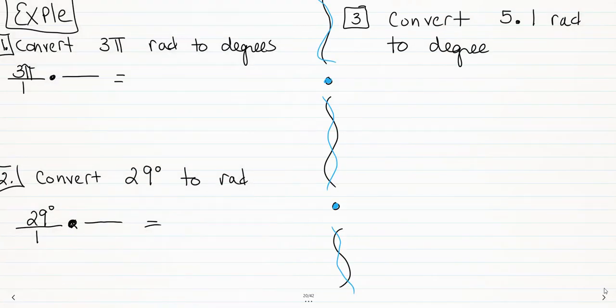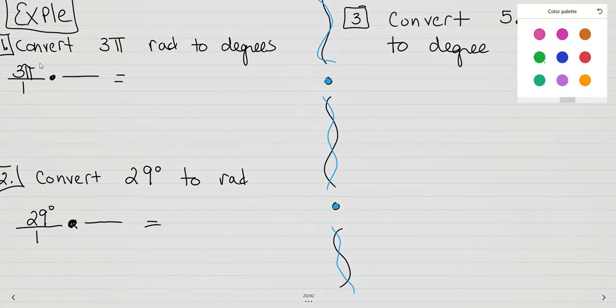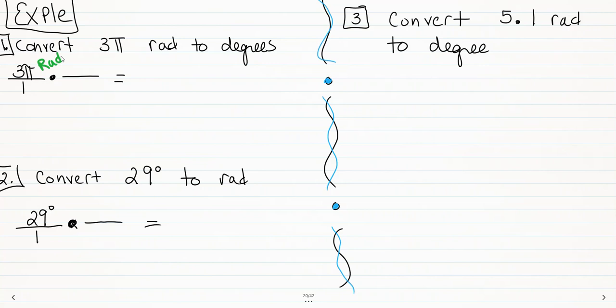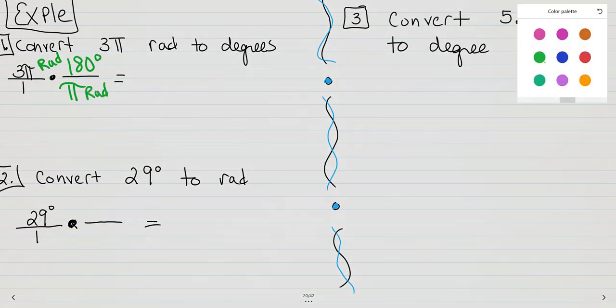So let's look at an example of how we can use that unit fraction to convert radians to degrees or degrees to radians. For an example, let's start with 3 pi radians. If I have 3 pi radians and I want to convert that to degrees, I have to decide, am I going to use 180 over pi or pi over 180? And I'm going to help you understand that by writing the units in here.